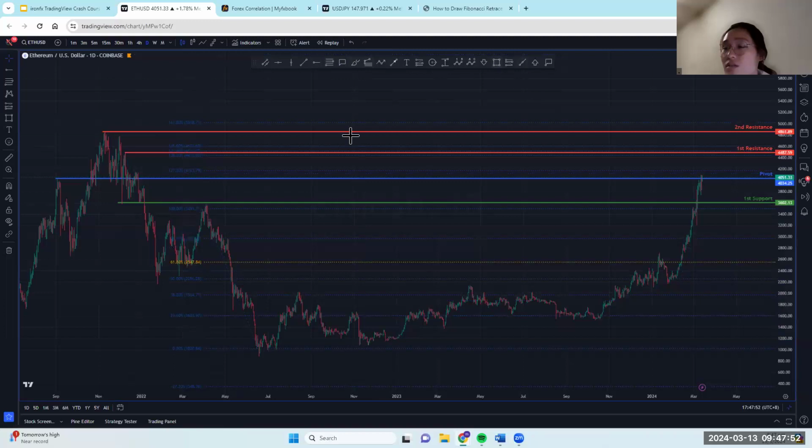Okay, over here, 161.8 also lines up with our second resistance. So I'm gonna keep both of them.